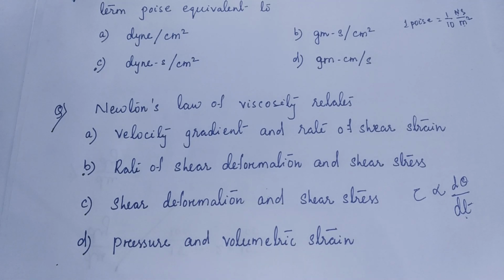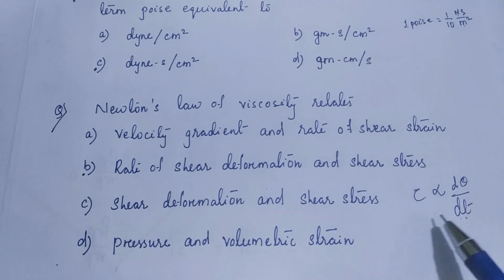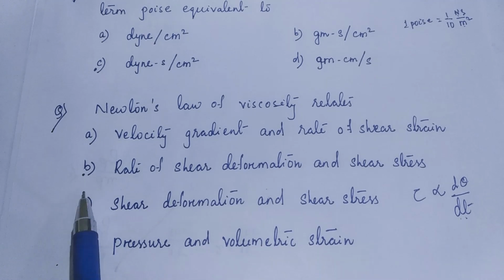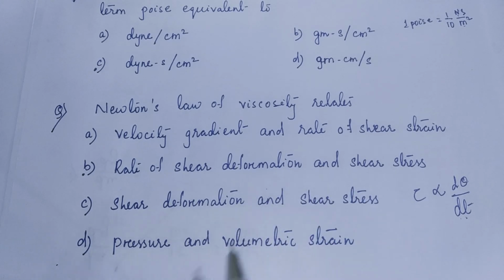We know that Newton's law of viscosity states that shear stress on a fluid is proportional to the rate of shear deformation, that is d theta by dt. So from this expression, tau is proportional to d theta by dt, we can clearly see that option B is the best possible answer, that is rate of shear deformation and shear stress.